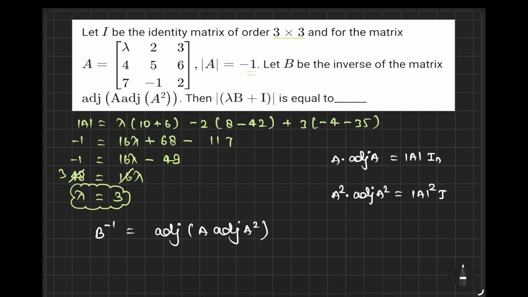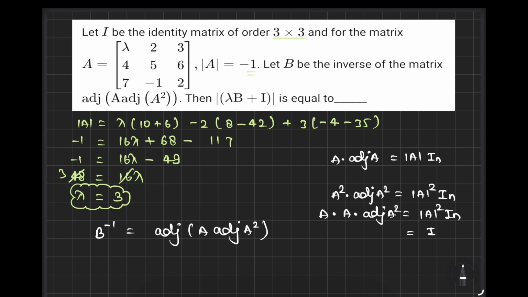So I can write down this thing, correct? Now A times A adjoint A square is equal to determinant of A IN, and you know that the determinant of A is minus 1. So minus 1 square will become 1. So this is identity matrix, correct?